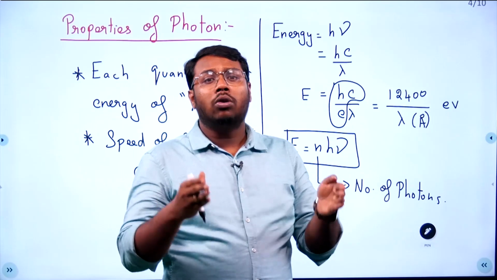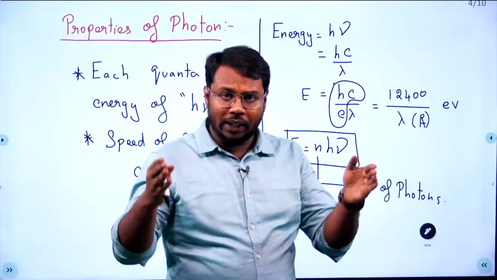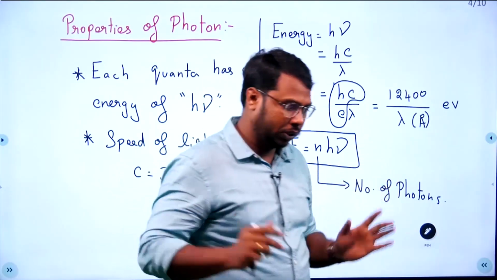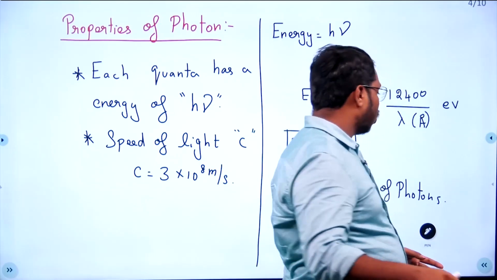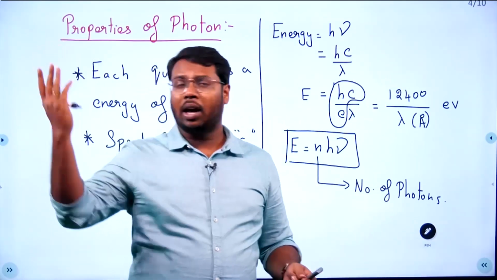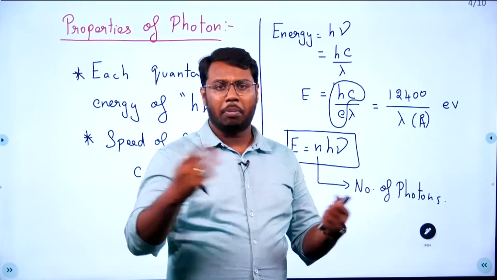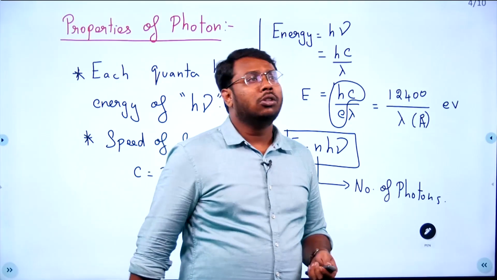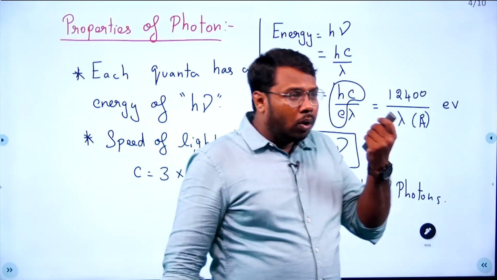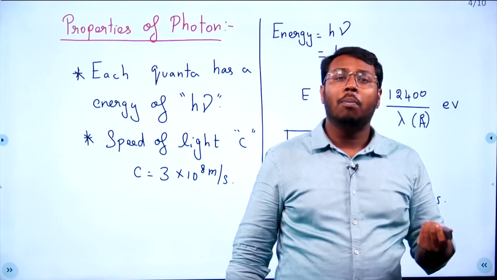Now, how many photons are present in a light? That is a question. We have white lights all around our rooms, and even when you go out there are plenty of white lights you will find. For a particular light, how many photons are produced is what I am concerned about.